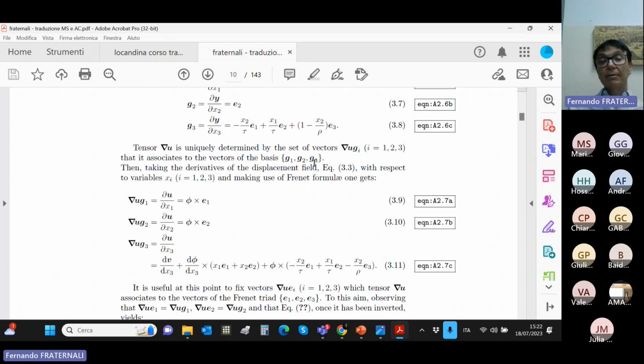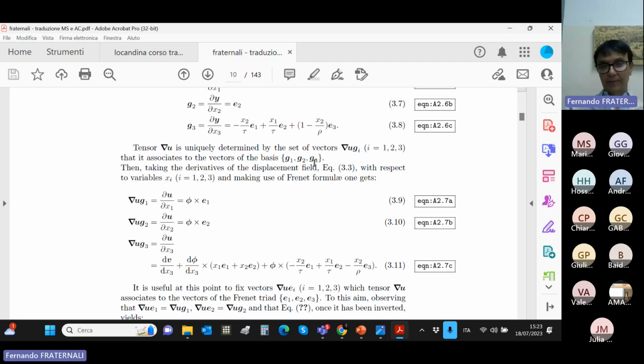The first two relations are the same as those one can derive for a straight beam, for example. But the third one is different. We have the terms with tau and rho, which account for the fact that the beam is not straight.